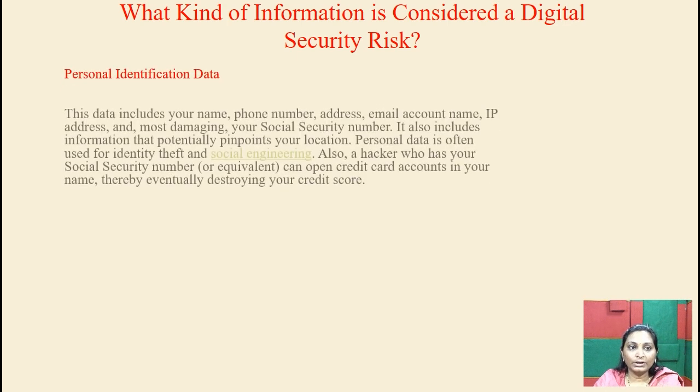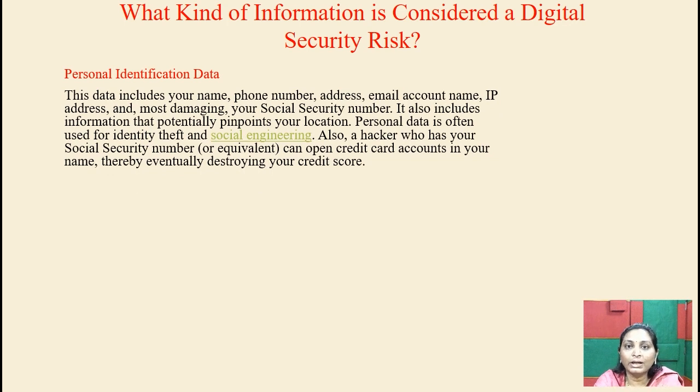Personal identification data. What kind of information is considered a digital security risk? Which information will be at risk first, and which information do we need to secure? First, our personal identification data.